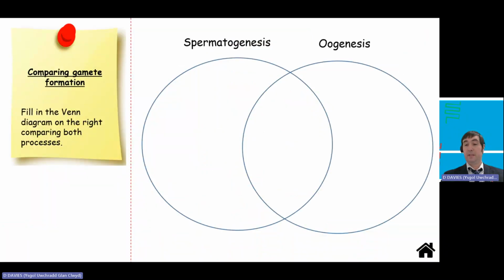That is gametogenesis, the production of gametes. So there's spermatogenesis and oogenesis there. I would like you to be able to fill in that Venn diagram. What are the similarities and what are the differences between spermatogenesis and oogenesis? You can stop the video and carry that out if you would like.